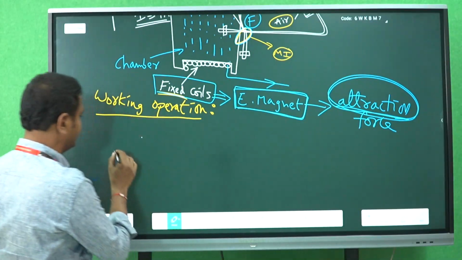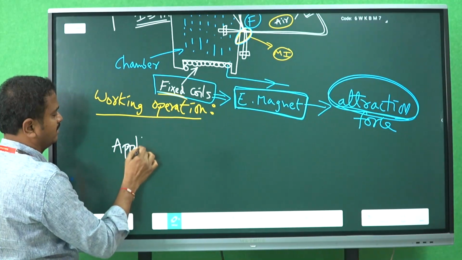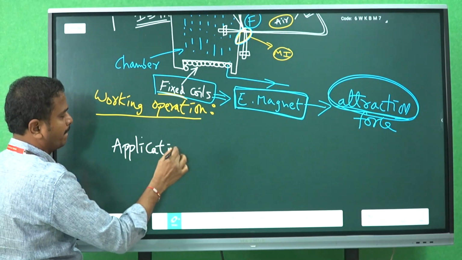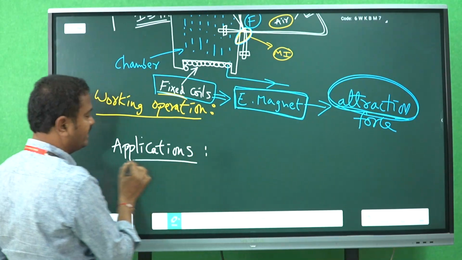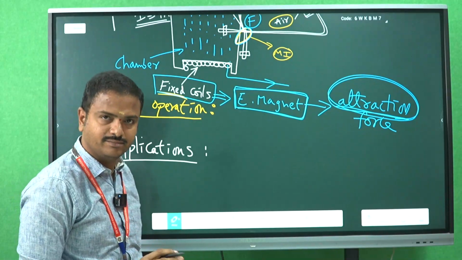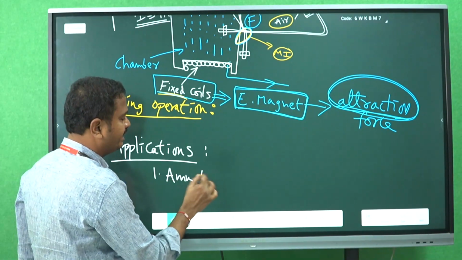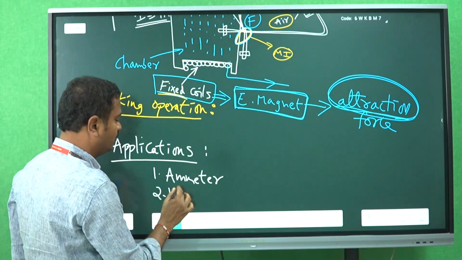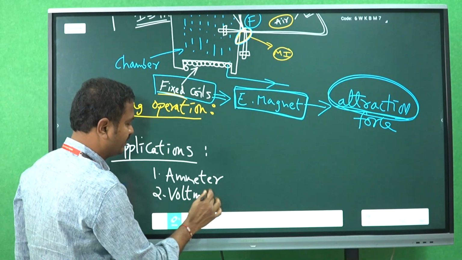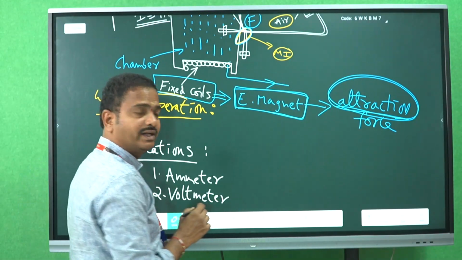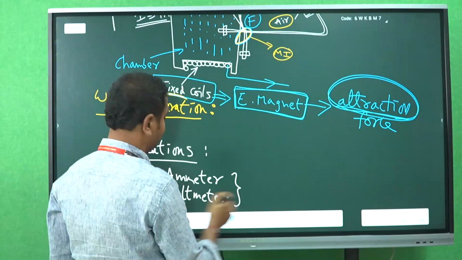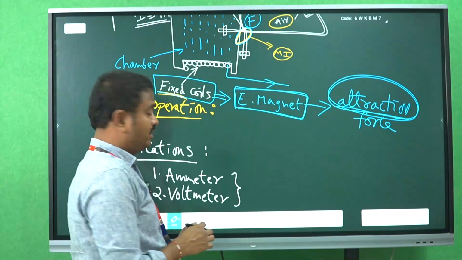And coming to applications. Applications of the attraction type moving iron system. The first one, ammeter, the MI ammeter. The second one, voltmeter. Okay, so these are the meters.